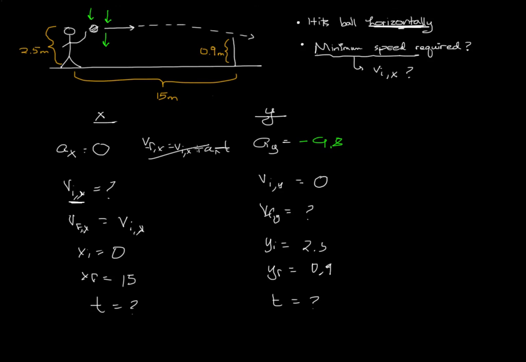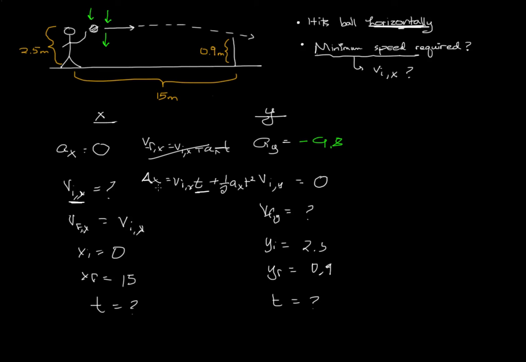So that doesn't work. Can we use our next kinematics equation, which is delta x equals v initial x t plus 1/2 a x t squared? And the problem with this one is that we don't know time, right?